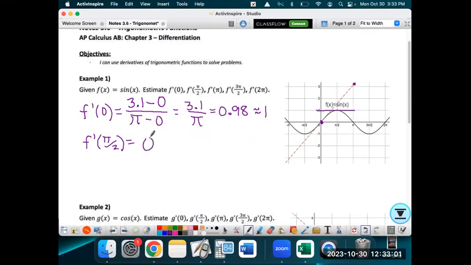Horizontal tangent, so slope of 0. I don't want my graph to look too cluttered though, so I'm going to get rid of that. Backwards order of f prime of 0, so this should be approximately -1.